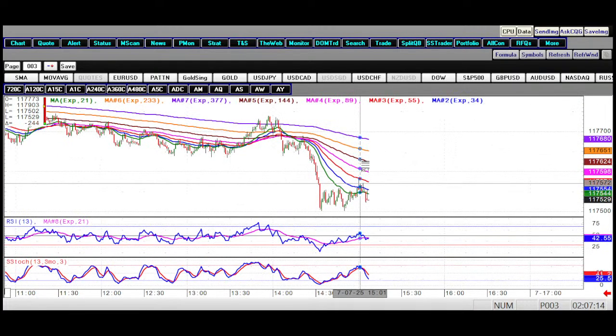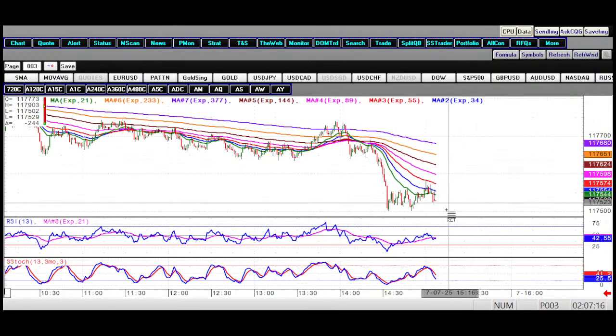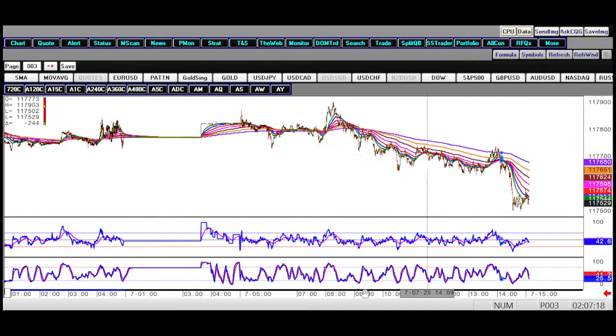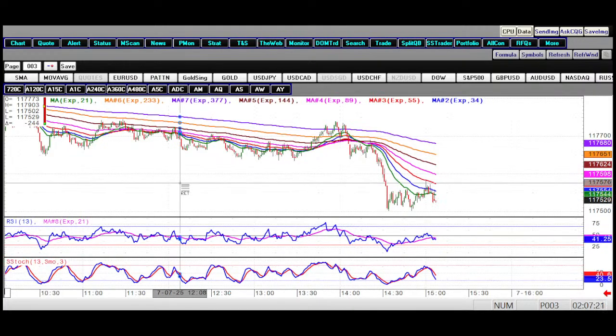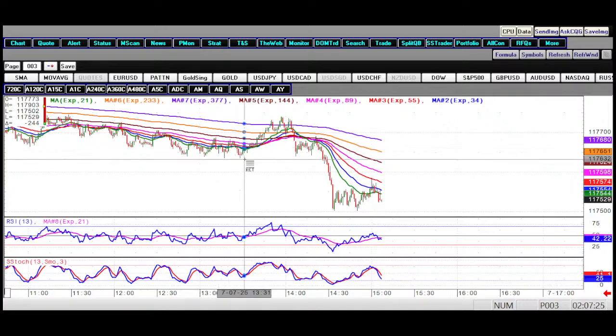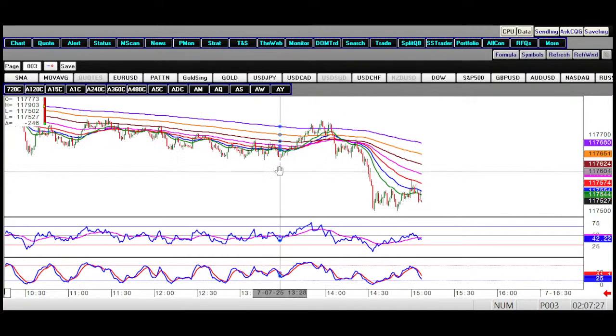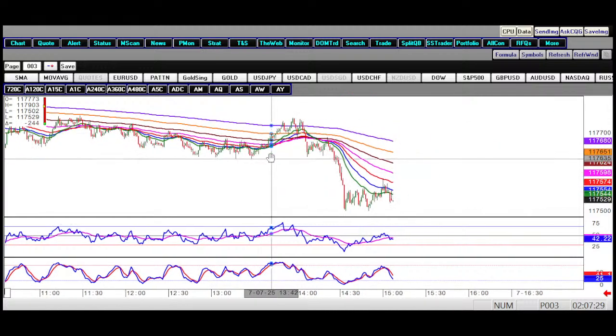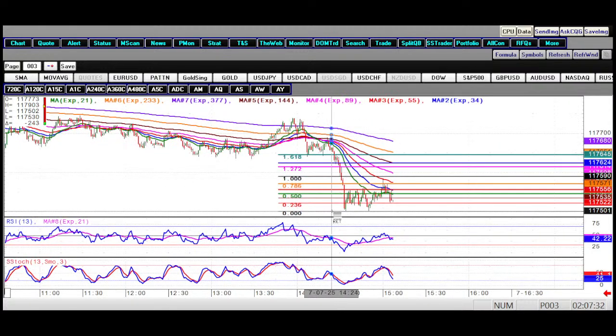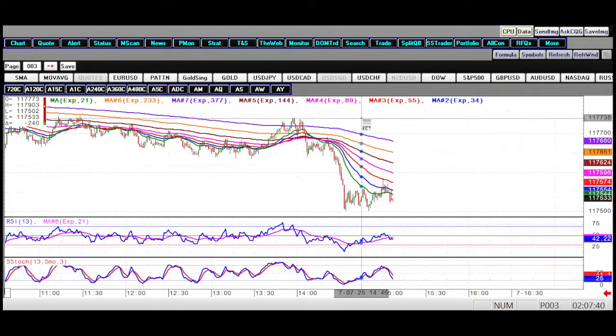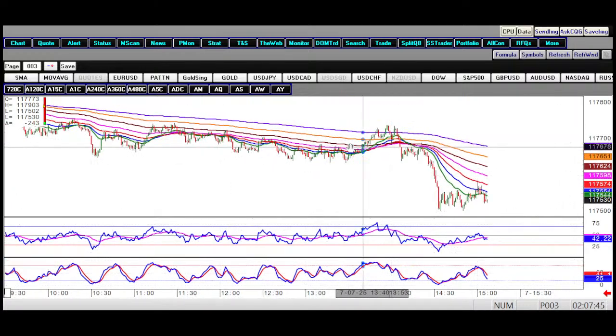So we should be looking to go for an add-on entry, probably about 60 65. Then the stop should be above 80, above 80.